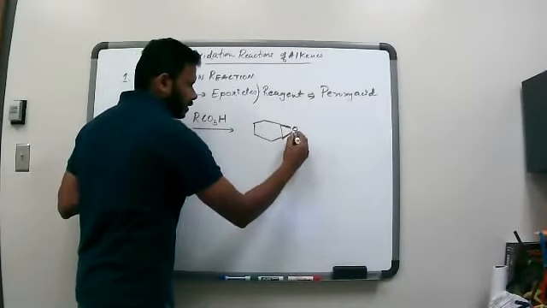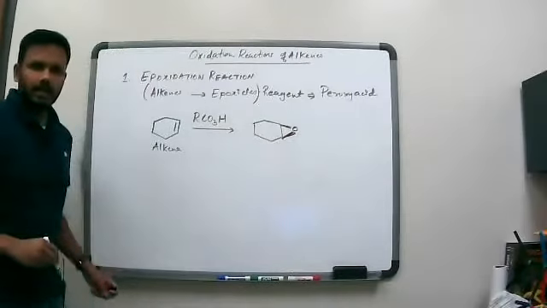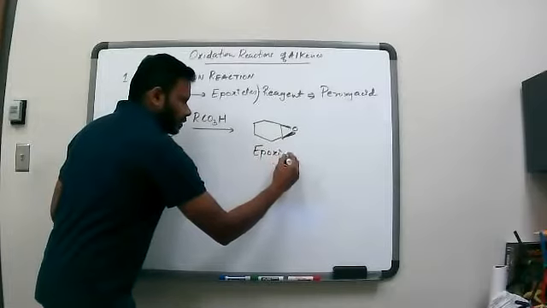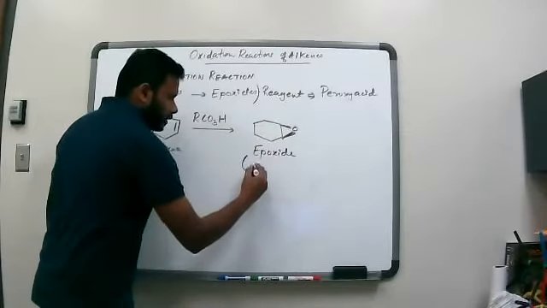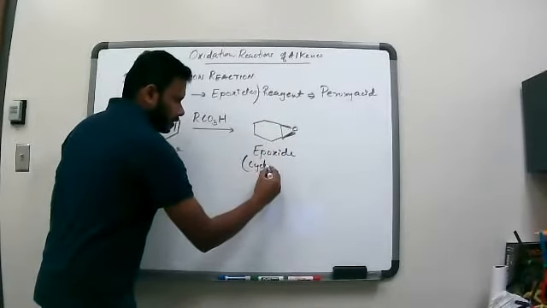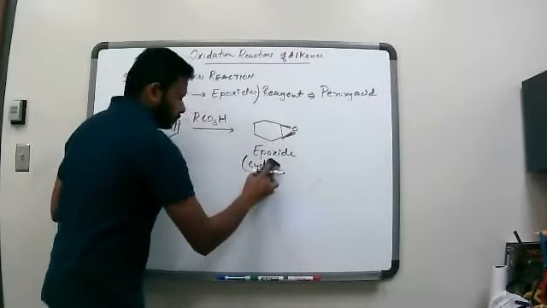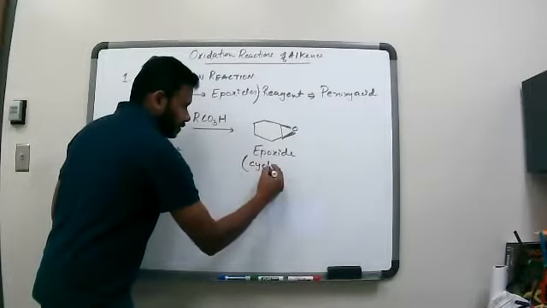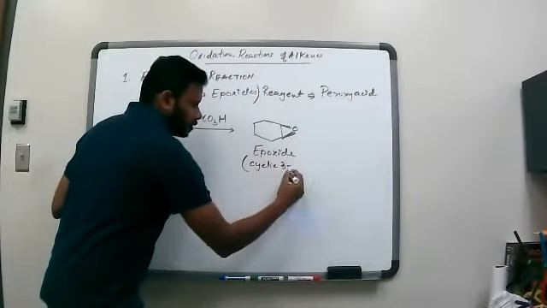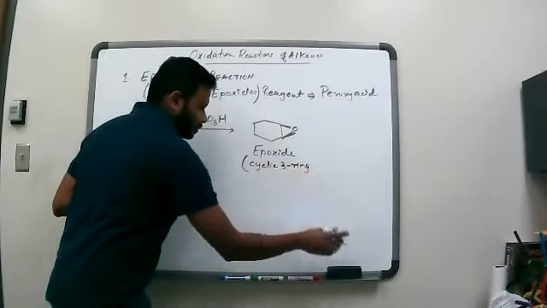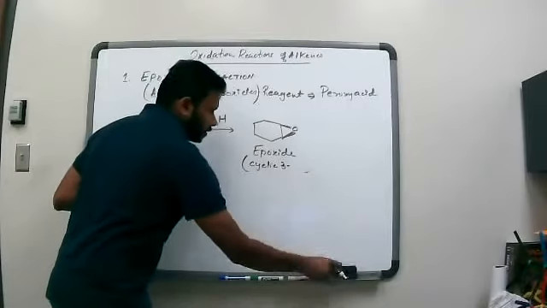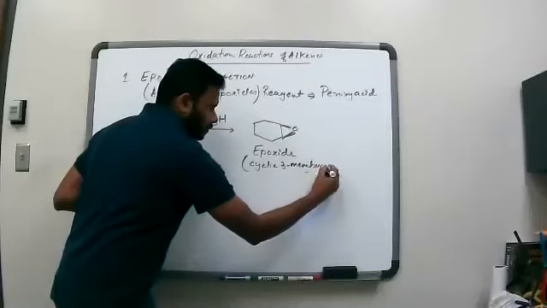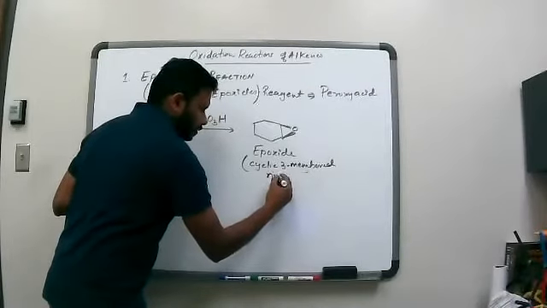An epoxide is a cyclic ether. So this is an epoxide. It's a cyclic three-membered ring ether.